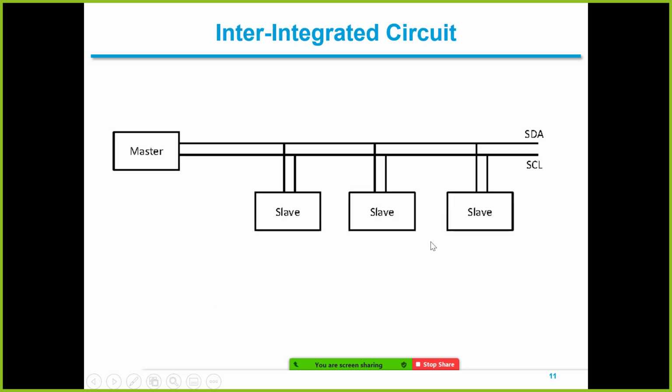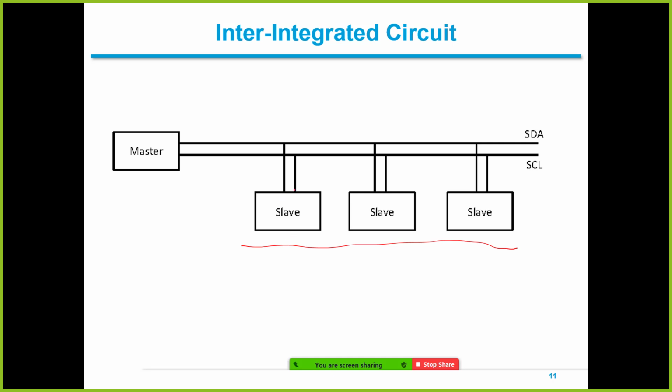Next one is the inter-integrated circuit, I2C. And here is the architecture. You can see that for this I2C, usually we have one master, and then we have multiple slaves. It's similar to SPI.